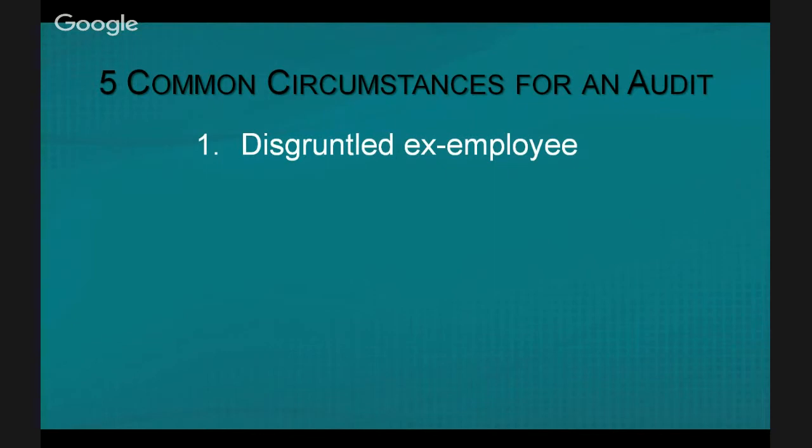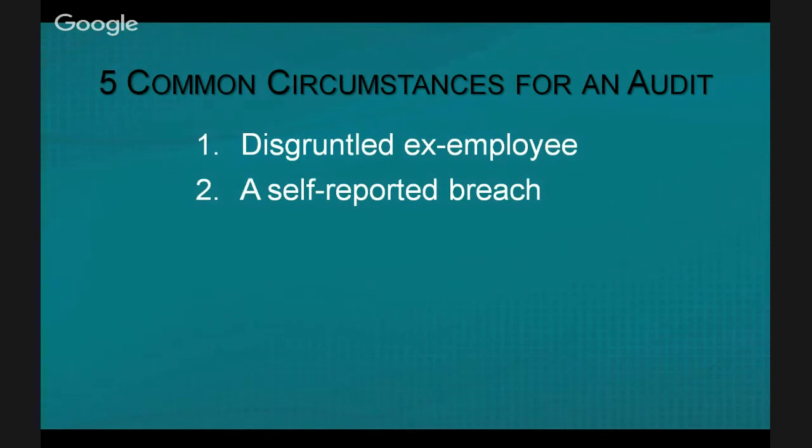Number two, a self-reported breach. As I've mentioned before, this is actually required by HHS. You're required by law to report your breaches. Number three, employee activists may anonymously contact the OCR, and there's a hotline number for that.